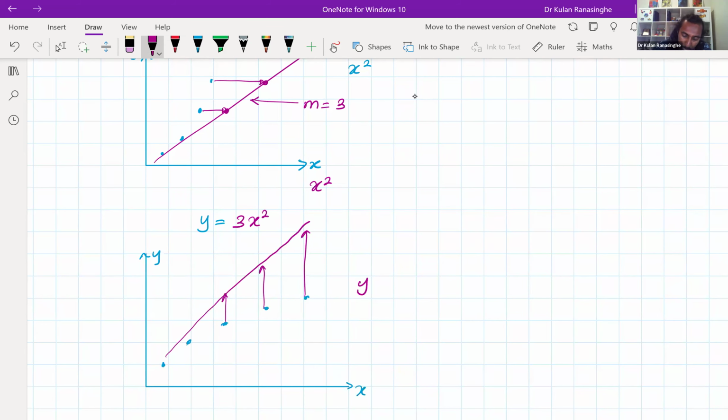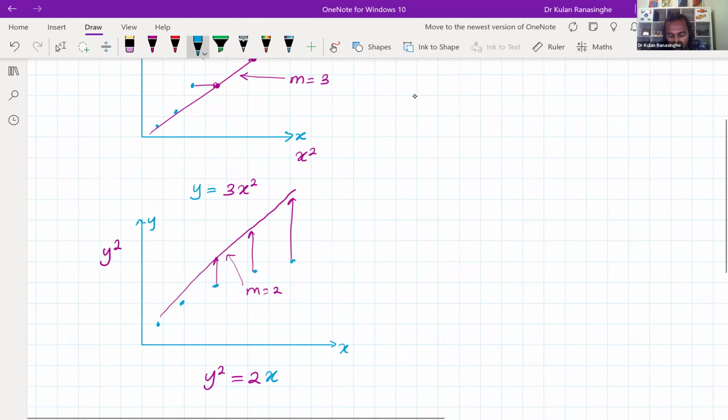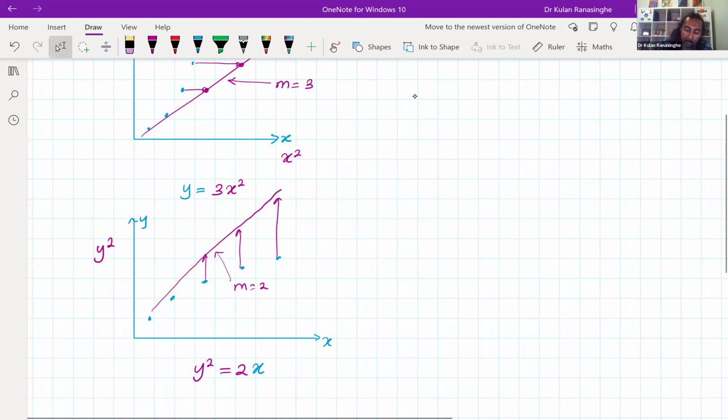So I'm going to square the y values. Then the height becomes larger and larger. Hence, if I had a gradient for this one, let's say m is 2, my functional form is y squared is equal to 2 times x, because that new system is y squared against x. This one is y against x squared, the other one is y squared against x.